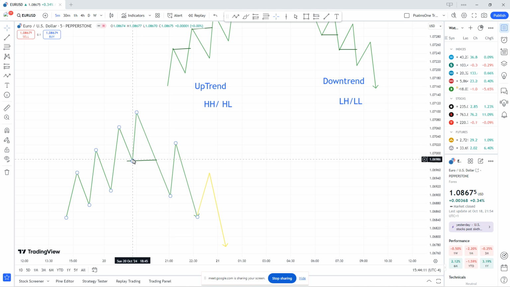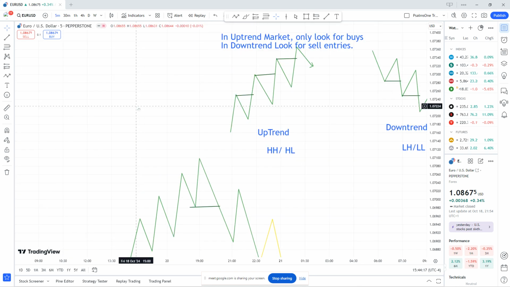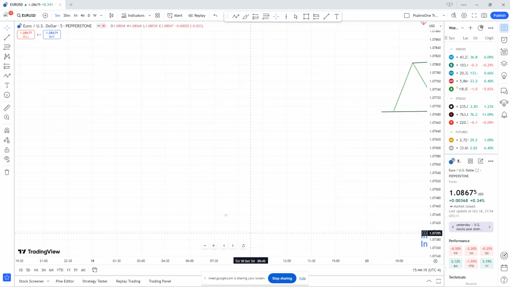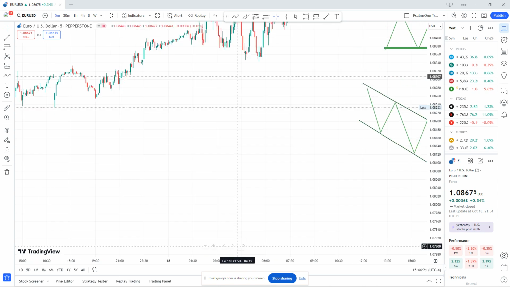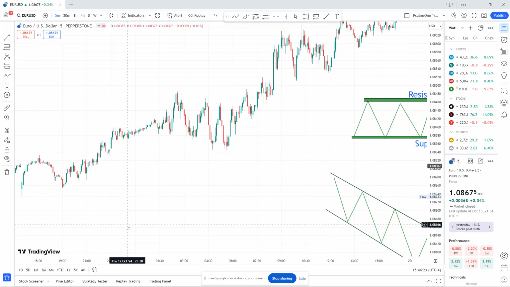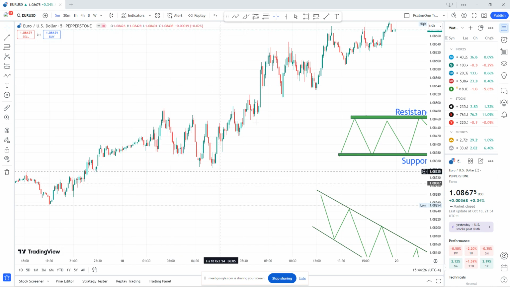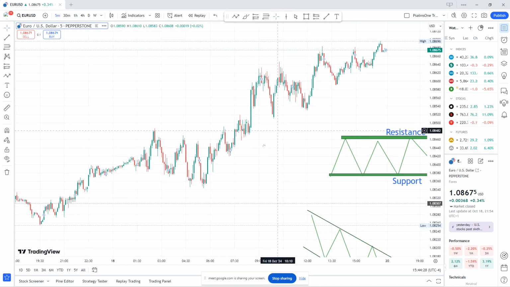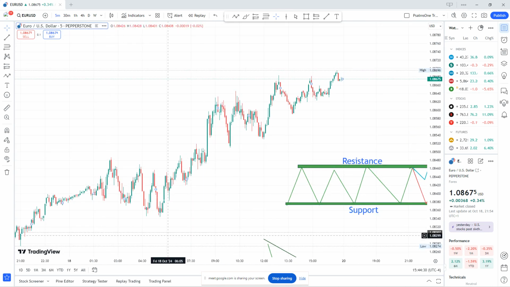Look for the previous high and low. I will still teach us how to mark out highs and lows in your journey, because what you will see in the market is that nobody is marking highs and lows for you. Nobody. You are the one who has to know where the high is, where the low is.